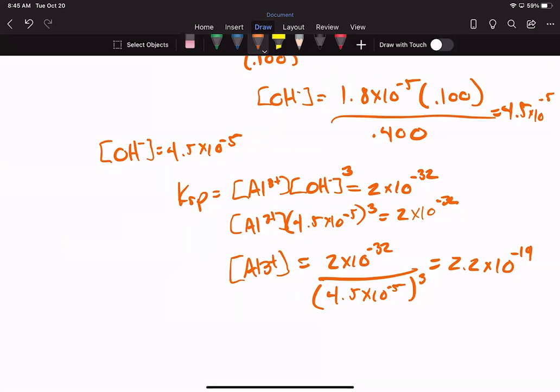Yep, 2.2 times 10 to the minus 19. So we've calculated the molar solubility of aluminum hydroxide. All right, good.